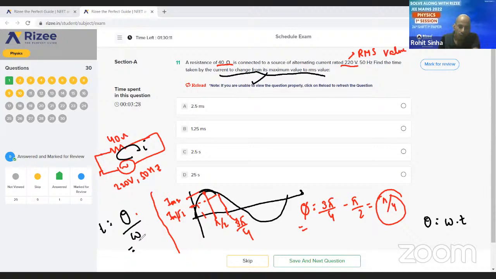Put here the value of theta as pi by 4, and omega is coming from where? That is 50 hertz. We can write 2 pi into f, which is 50. Solve here, pi cancels. It is coming as 1 by 400, I think 0.0025, like this. It will come in milliseconds, 2.5 millisecond.